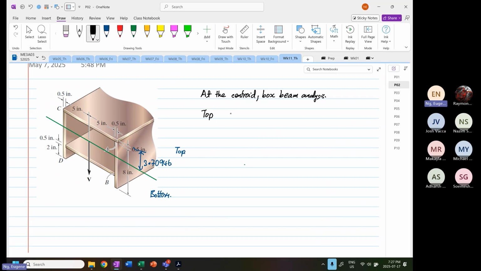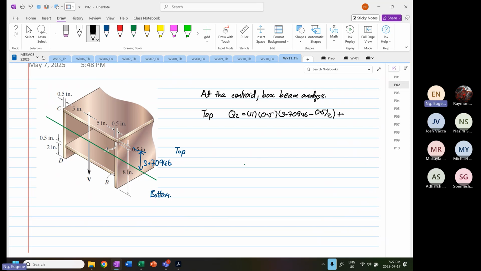Okay, so Q about the z-axis. So the width is 11. The depth is 0.5. And then we have 3.70946 minus 0.5 divided by 2, plus.